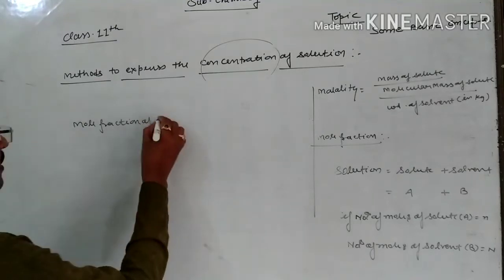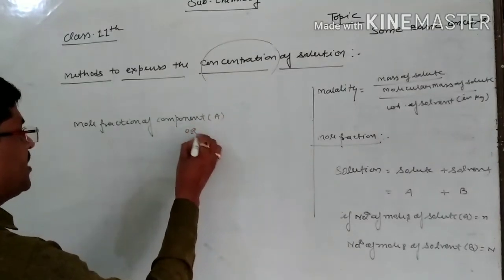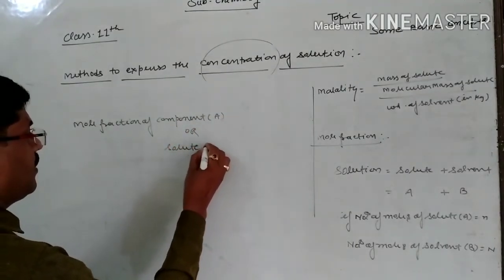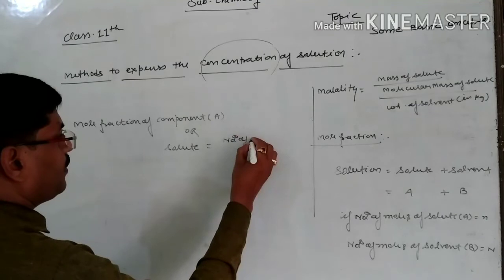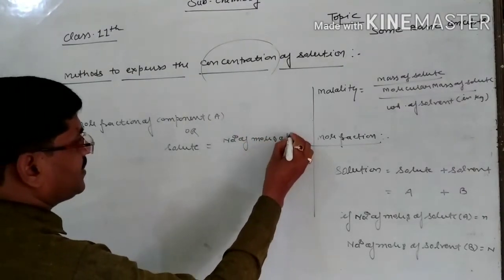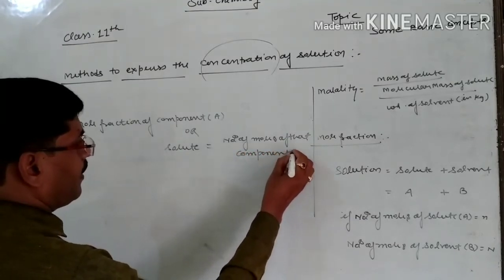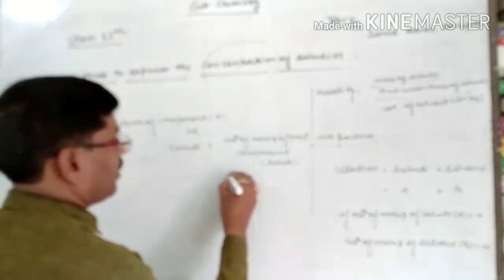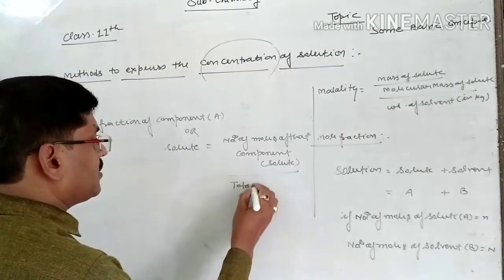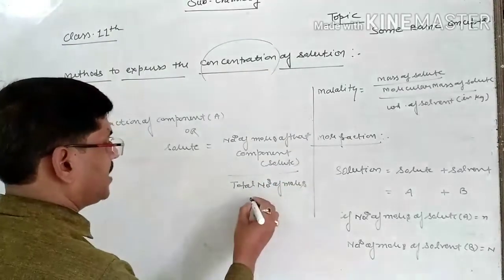of component A, or you can say solute, is equal to number of moles of that component. If you are going to find mole fraction of solute, it means number of moles of solute whole upon total number of moles present in solution.